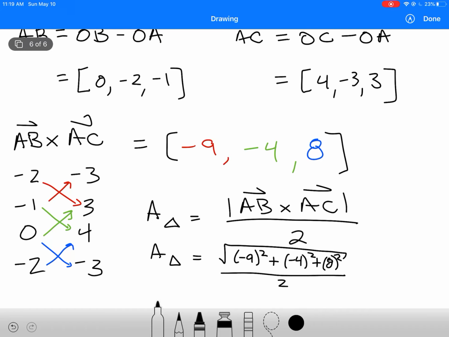And then we're going to divide by 2 because we're only looking for a triangle. When you sort this out with your calculator, you'll get that approximately the area of your triangle is 6.34 units squared. Those are some examples of how to perform the cross product and how to solve some basic application problems.